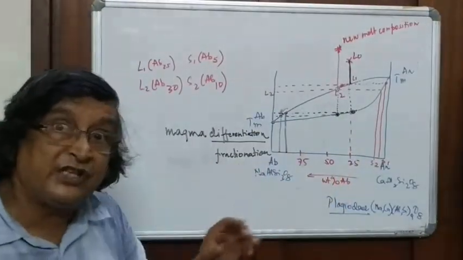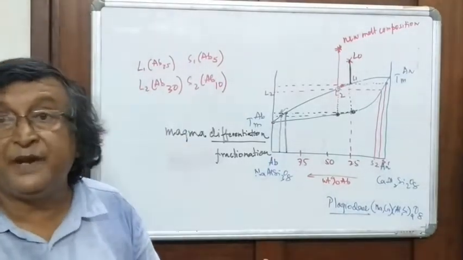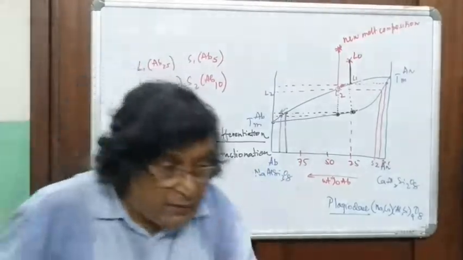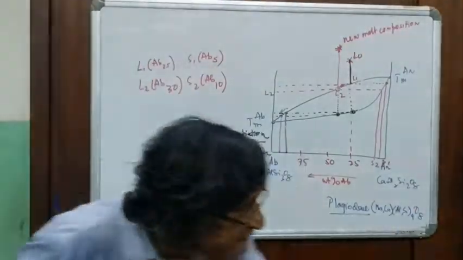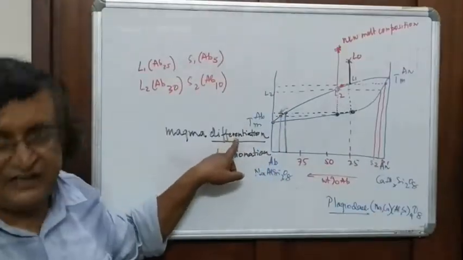Fractionation is the process by which the crystal is not allowed to equilibrate with the magma. So this is the cause. And what happens? You have a differentiated magma. So this is the effect.